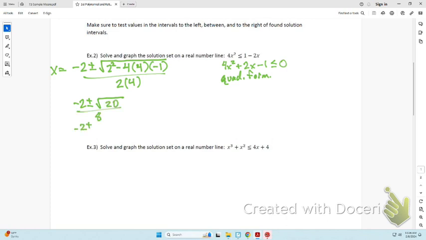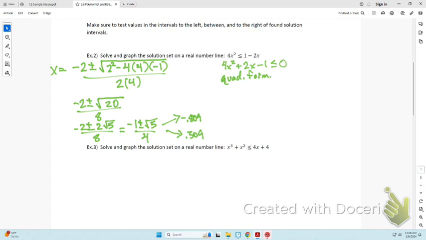Simplify a little more. This still isn't all that helpful because that's not on a number line. So let's get some actual numbers. Let's type it in. I typed it in and I got one answer as negative 0.809 and I got another answer as positive 3.09.